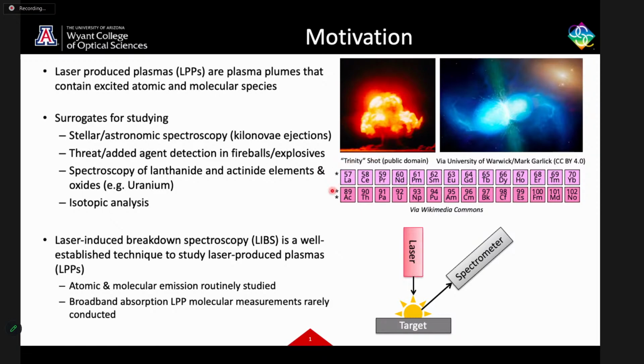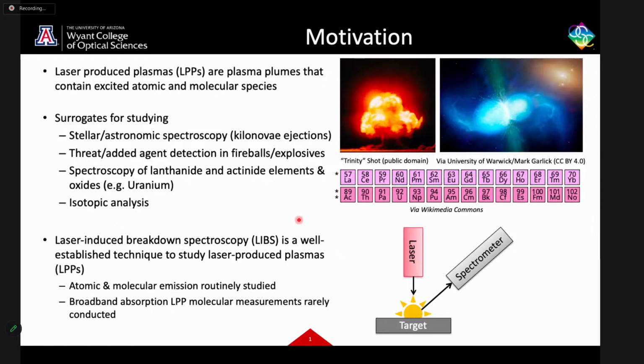Those can include kilonova ejecta, which has use in astronomical spectroscopy, and detection of threats like fireballs and explosives, things that are very hard and very expensive to reproduce experimentally.